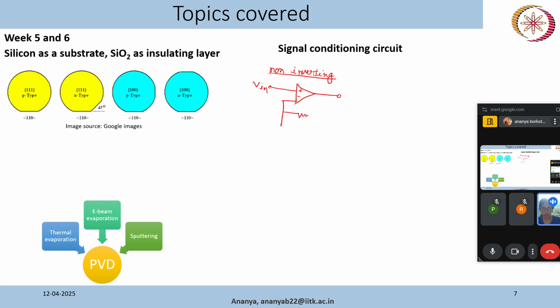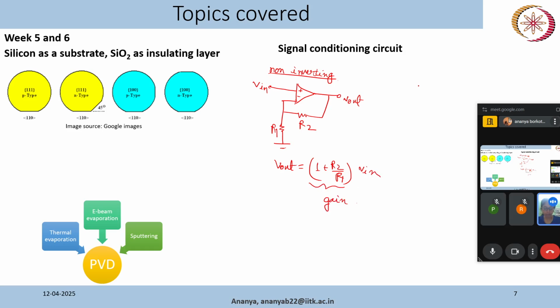This will be our feedback resistor, which we denote R2, and this is our other resistor, R1, and this is our Vout. And we know the relation in the case of a non-inverting amplifier: Vout equals (1 plus R2 by R1) multiplied by Vin. So this is our gain, right?